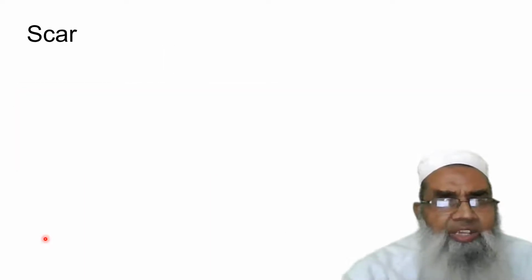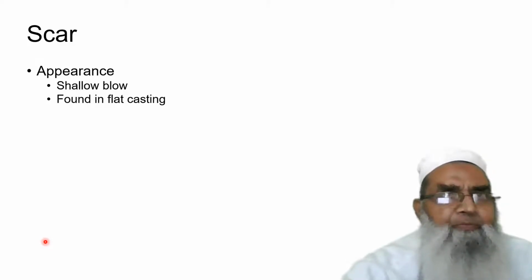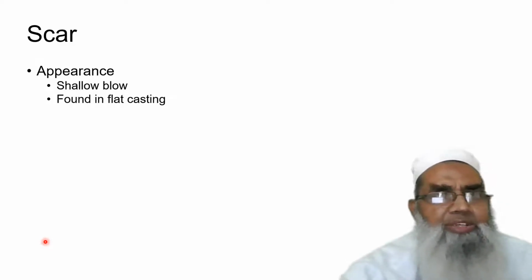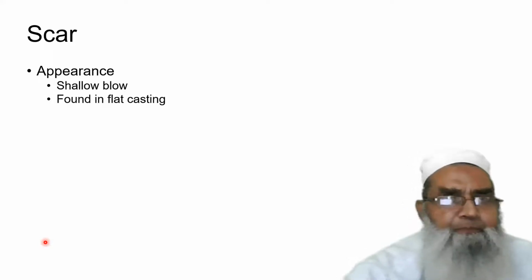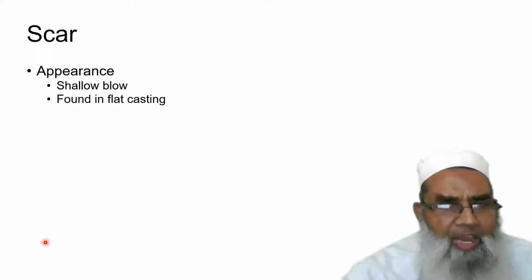Now another is a scab. A scab basically appears as a shallow blow in a flat casting. It appears in flat casting. Blowholes on the top surface may just have a swell out, but this scab appears as a shallow blow.